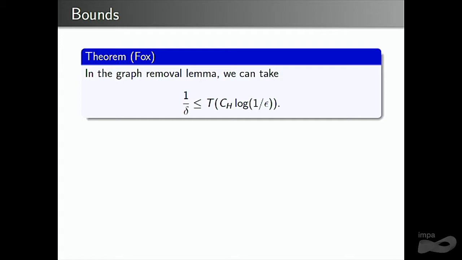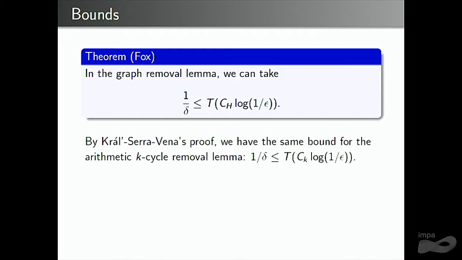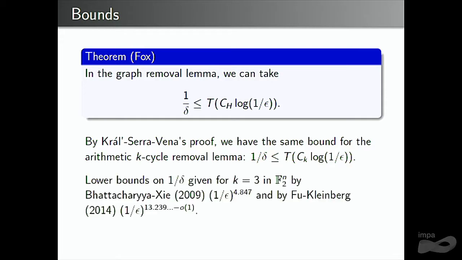So obviously it's bigger than any exponential, double, triple, any such exponential, but it's also smaller than any polynomial tower height. And so you can get the same bound for the arithmetic k-cycle removal lemma. So for any k, you have 1 over delta is at most a tower of height log 1 over epsilon.